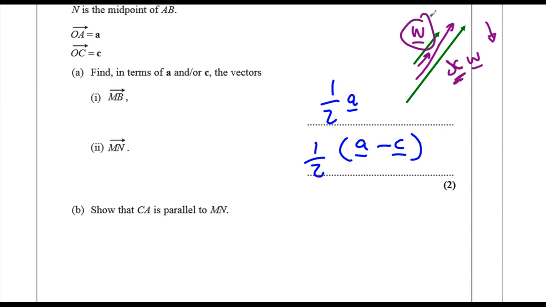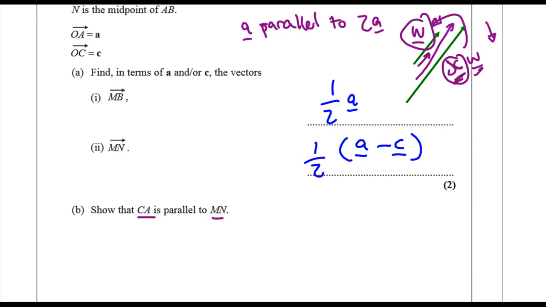So if you get a vector times a number, then it's parallel to that vector originally. For example, A is parallel to 2A. You get the idea.